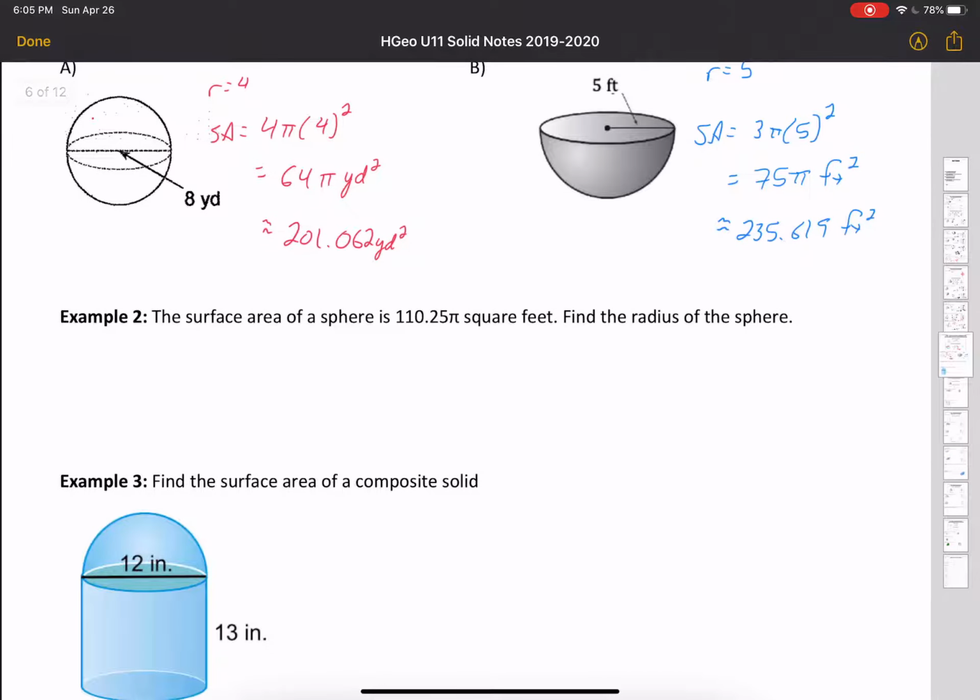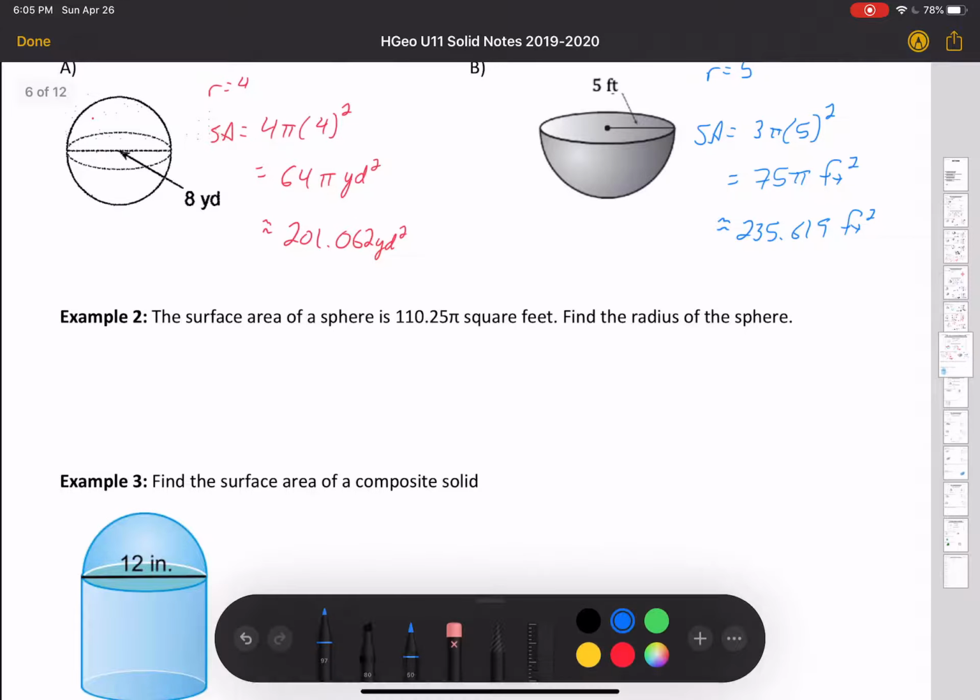The surface area of a sphere is 110.25 pi square feet. Find the radius. So we plug in 110.25 pi for the surface area, and we're dealing with a sphere, so that's going to be equal to 4 pi r squared, since we don't know what the radius is. We're going to divide both sides by 4 pi.